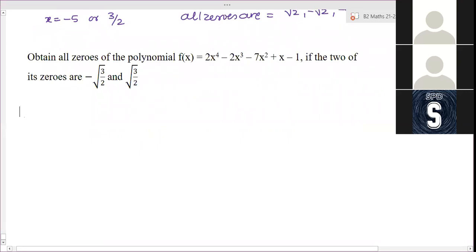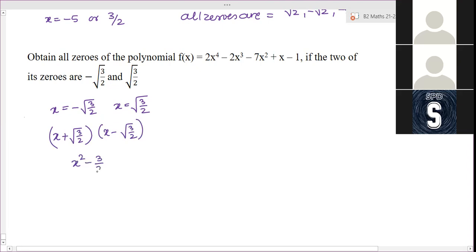So in this case, we can do x plus root 3 by 2 into x minus root 3 by 2, which is x square minus 3 by 2, equated to 0.